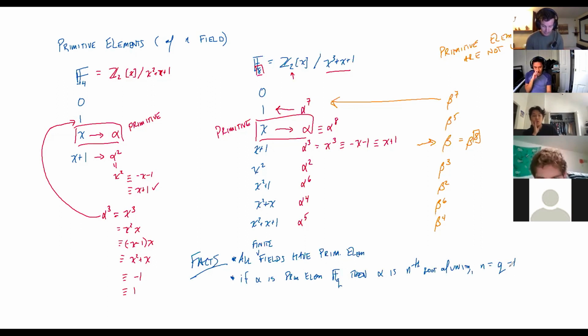So for example, taking this relationship, here q is 8, we have 1 equals alpha to the 7, which means if I raise both sides to the 1/7, then alpha is the 7th root of unity in this field. If I raise 1 to the 1/7 power, then I get a root here.